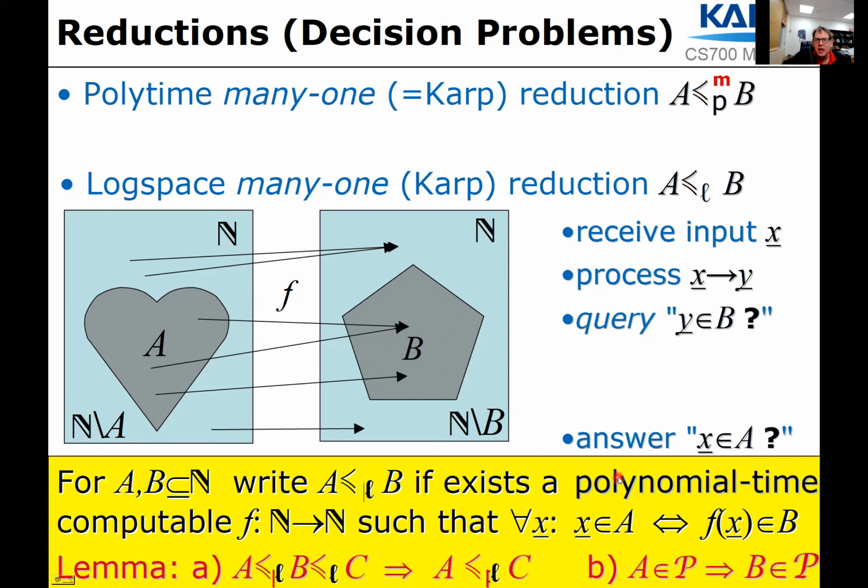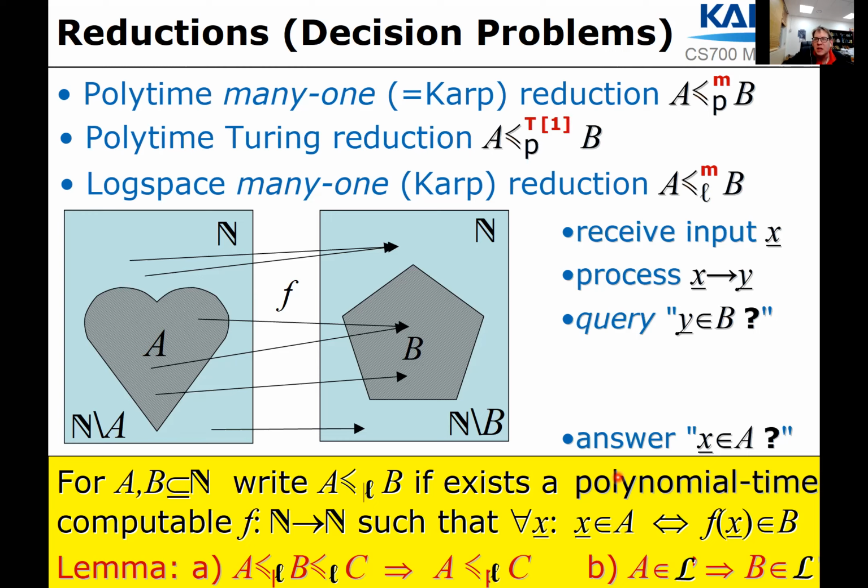A different kind of generalization is not many-one reduction, but Turing reduction. This is technically the notion introduced by Stephen Cook in 1971.